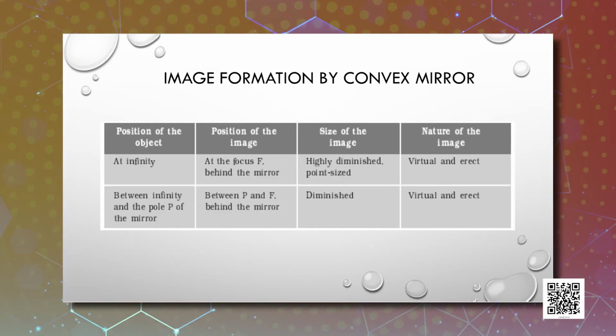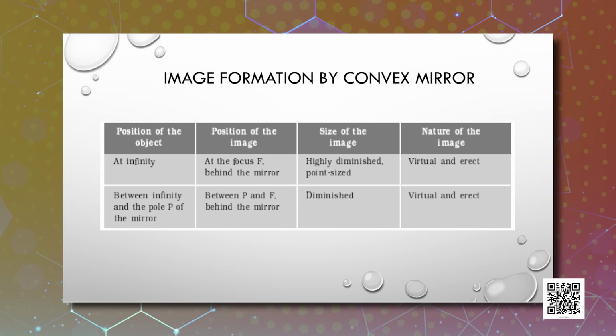Now let us consider the case when the object is not at infinity. The object can be placed anywhere in front of the convex mirror. The ray which is parallel to the principal axis starting from the object will appear to pass through the focus of the mirror.